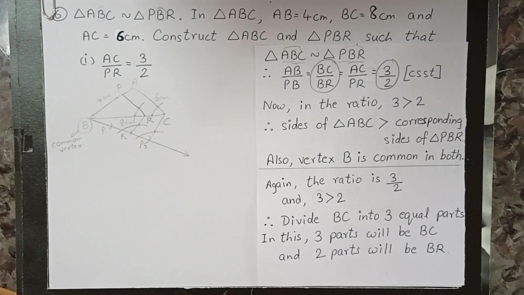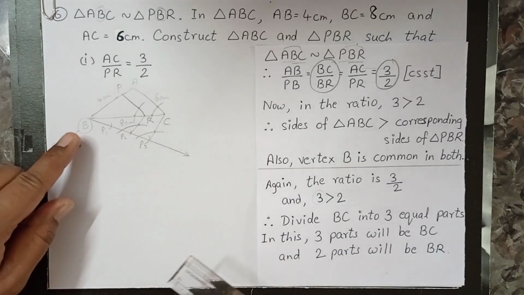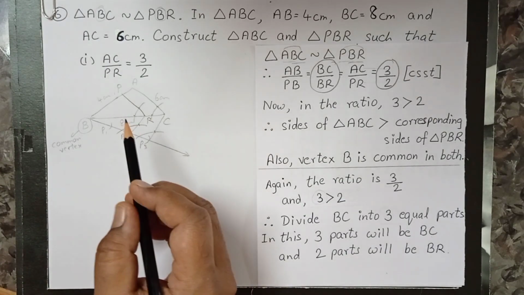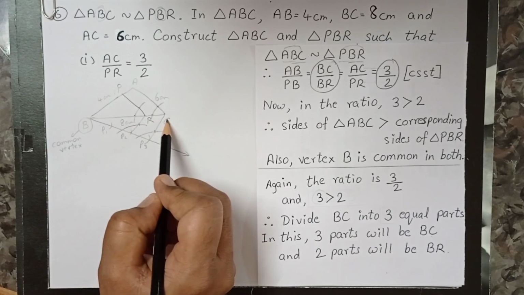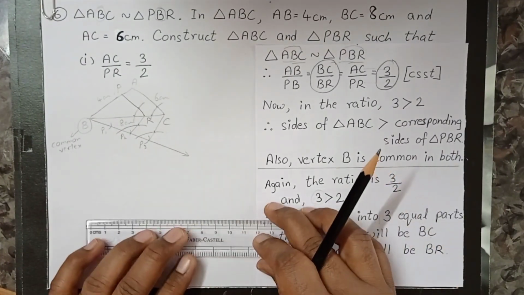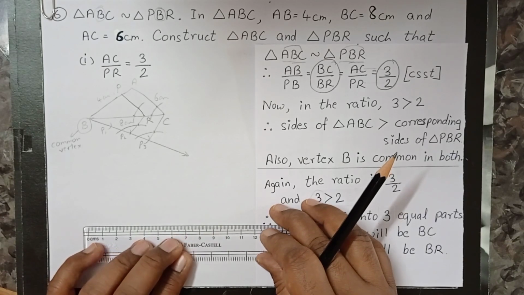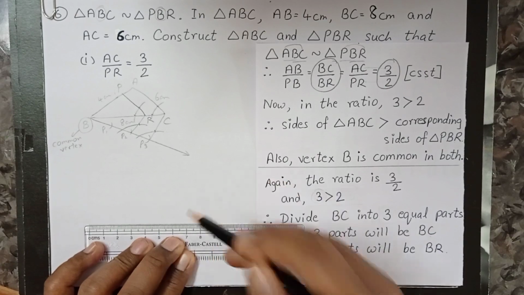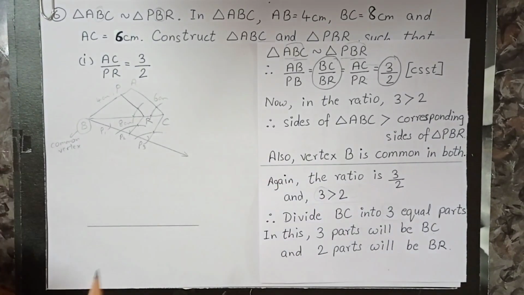Let us do a fair figure. First, we will construct the triangle ABC because all three sides of ABC are given, right? So ABC, BC is the base and BC is 8 centimeter. So let us draw 8 centimeter first. This is 8 centimeter, which is BC.